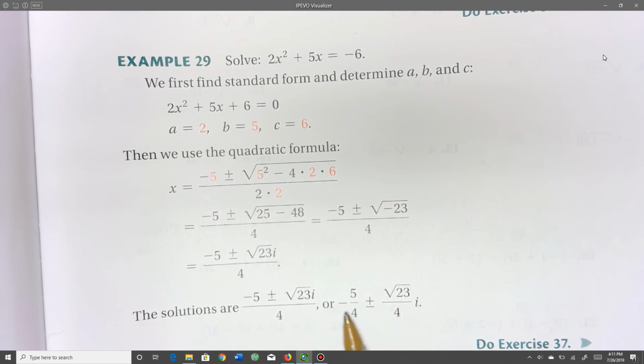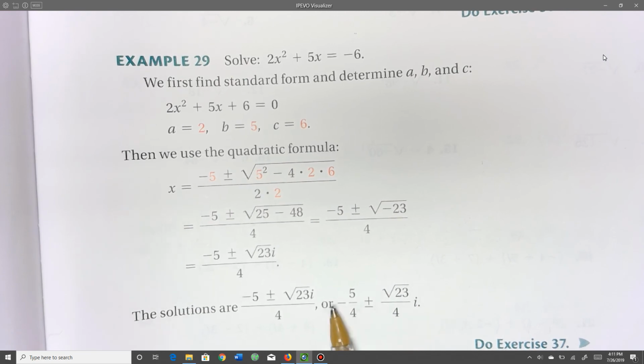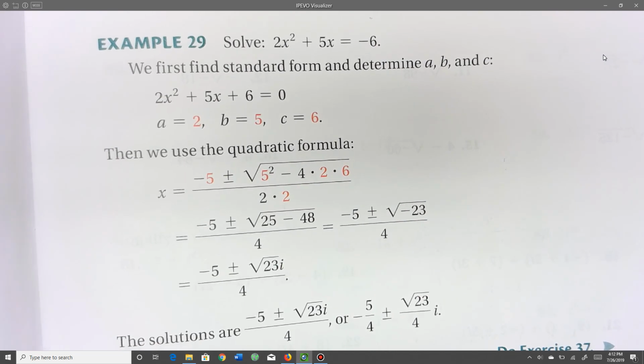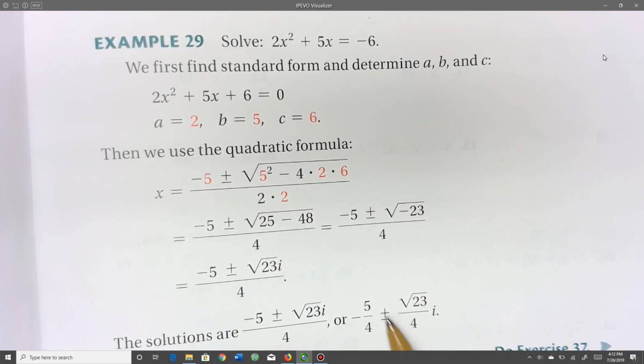In this case the answer is -5/4 plus square root of 3/4i, or -5/4 minus square root of 3/4i. So 2 different answers.